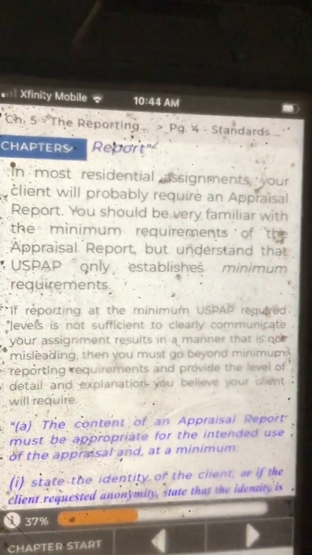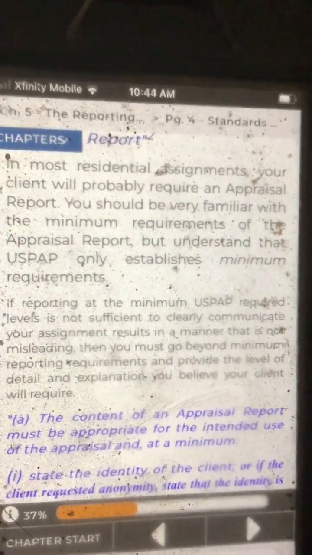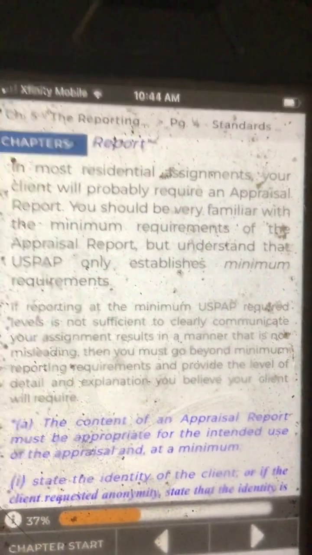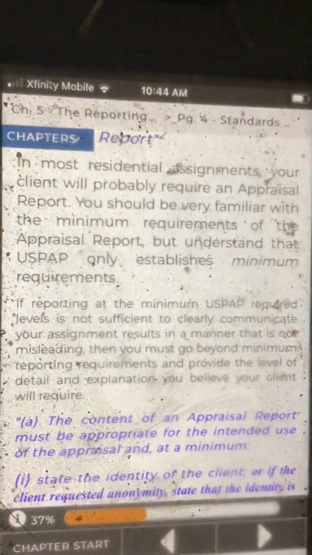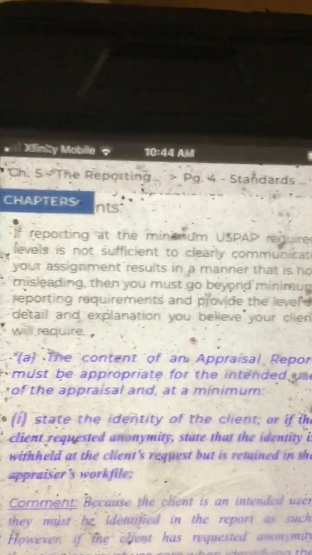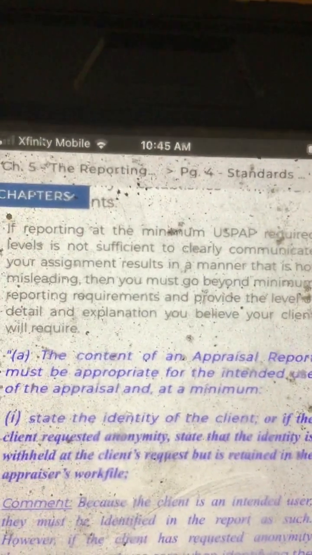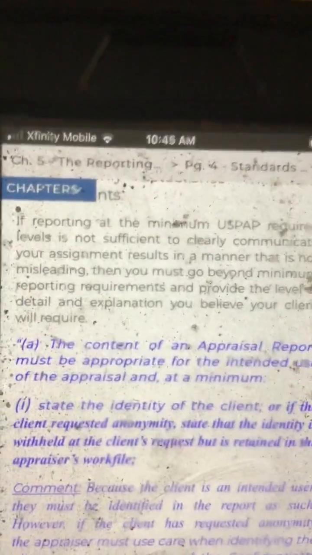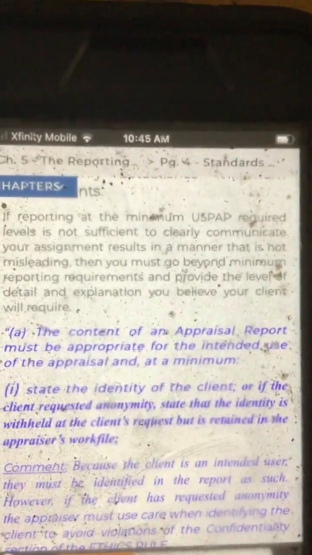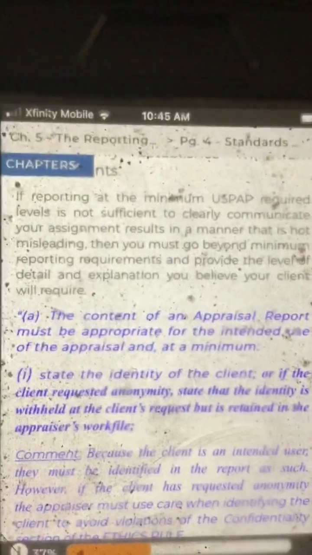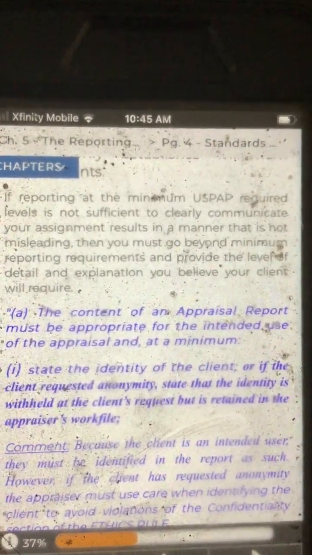You should be very familiar with the minimum requirements of the appraisal report, but understand that USPAP only establishes minimum requirements. If reporting at the minimum USPAP required level is not sufficient to clearly communicate your assignment results in a manner that is not misleading, then you must go beyond minimum reporting requirements and provide the level of detail and explanation you believe your client will require.